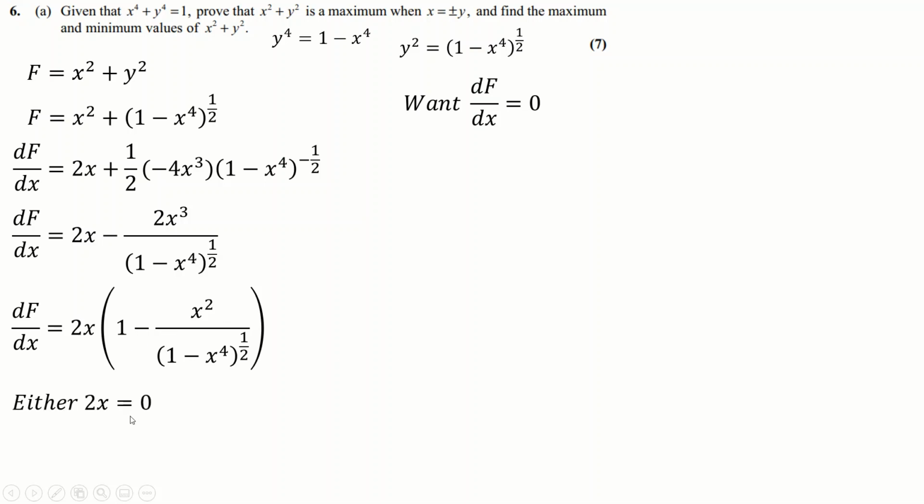Now, if 2x is 0, then x is 0, and again, looking at this thing here, that makes y plus or minus 1, because 1 to the power 4 is 1, or minus 1 to the power 4 is 1. Now, if that's the case, then this thing here has value 0 squared plus or minus 1 squared, either way is 1. So, okay, that's fine.